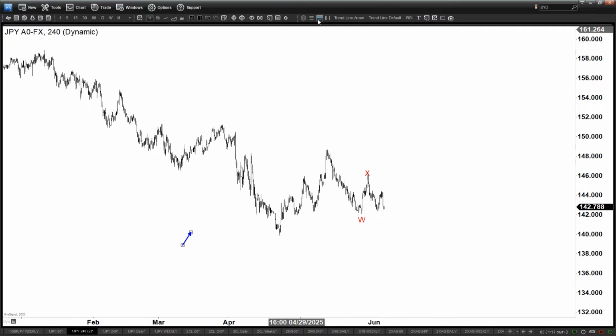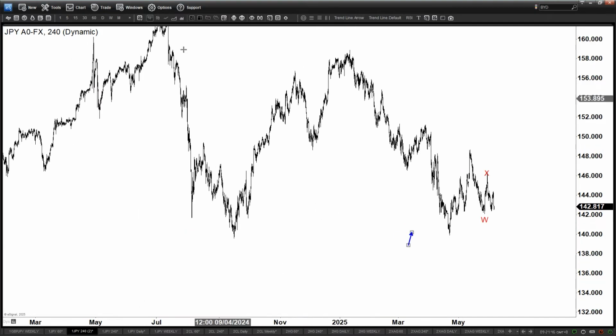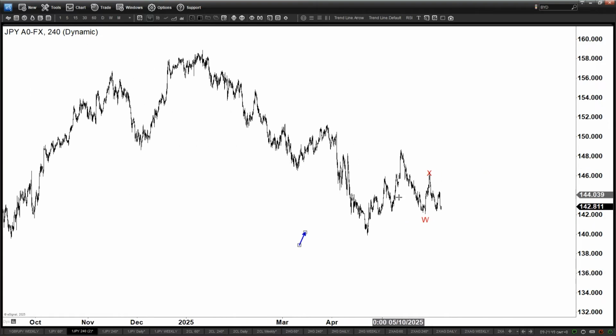You measure in the extension, WXY, and then you notice it reversed perfect 100% extension reverse. That's just a classic case of a corrective pattern, 100% reverse, right? No extension whatsoever on the third leg. So now from here, we know this is still a bearish market because we have a bearish sequence from the 2024 peak, and the rally from this low was corrective.